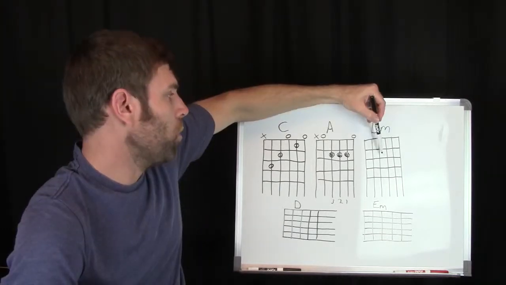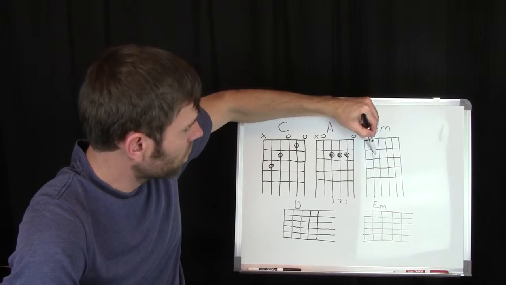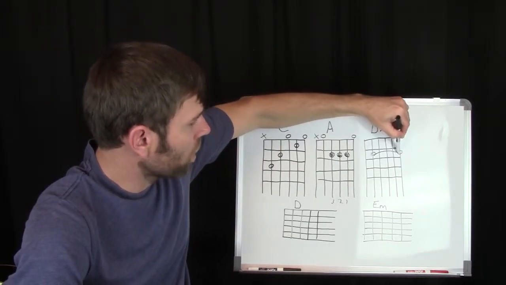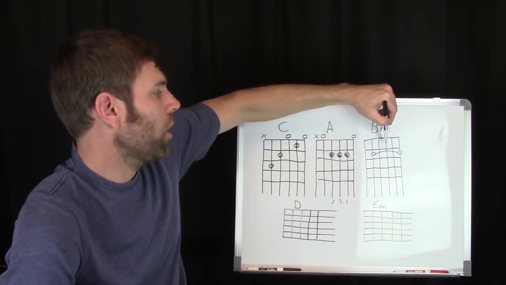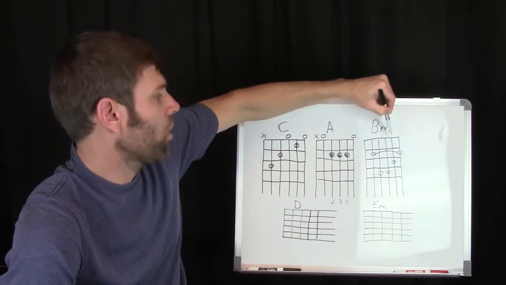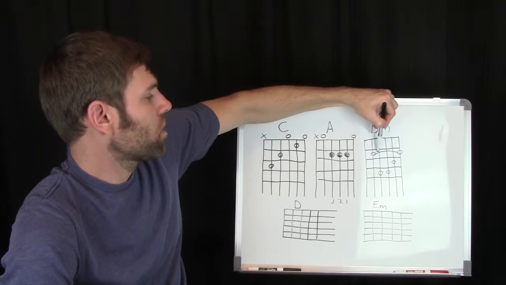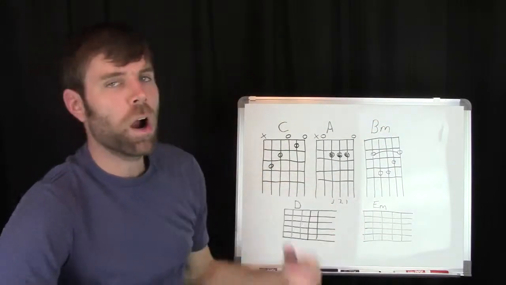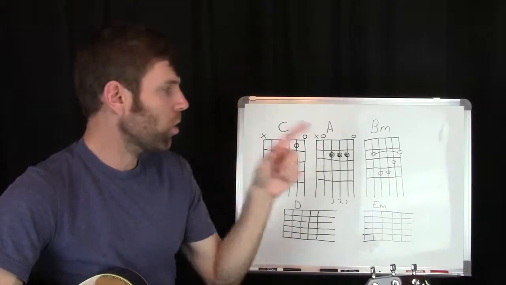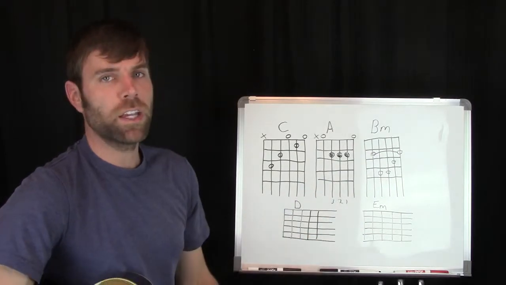Another thing we'll see, let's say for the B minor, is a dot here, and a little curved line, and then a dot here, here, and here. When you have a curved line like this, that is a bar line. It means you're going to take one finger and go across all these strings to hit both of those at the same time.